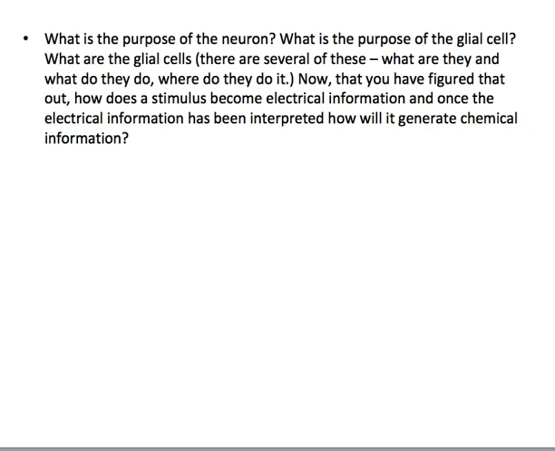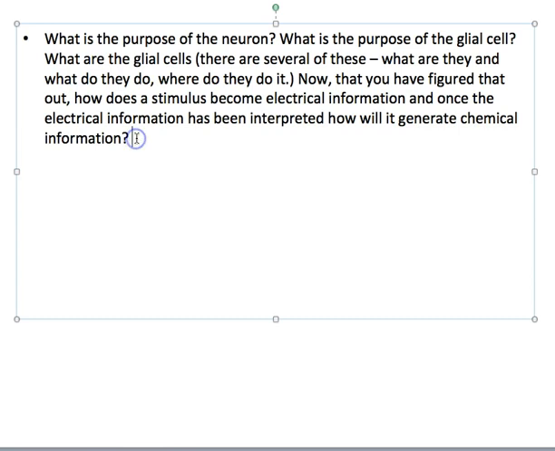So the purpose of a neuron, of course, is to send electrical information in a unidirectional way. Okay? Think about the fact that every time we've sent electrical information, it has moved in a specific manner.